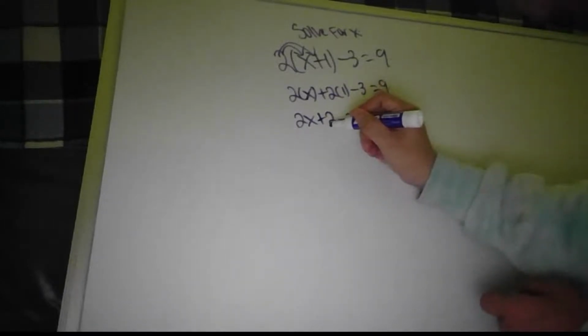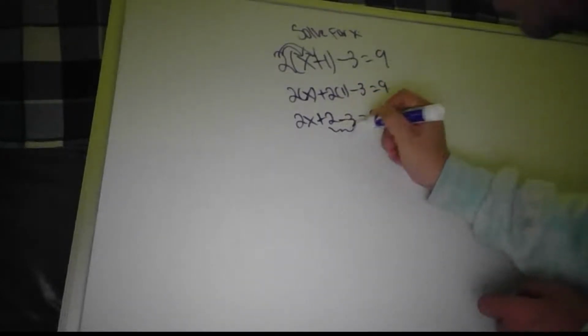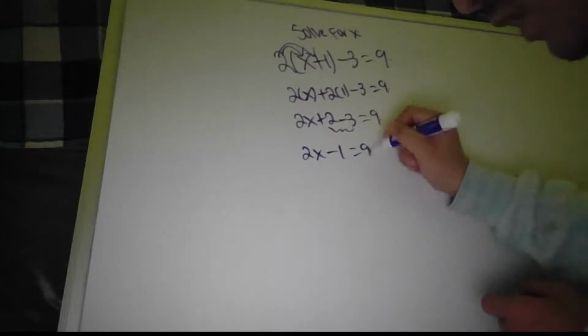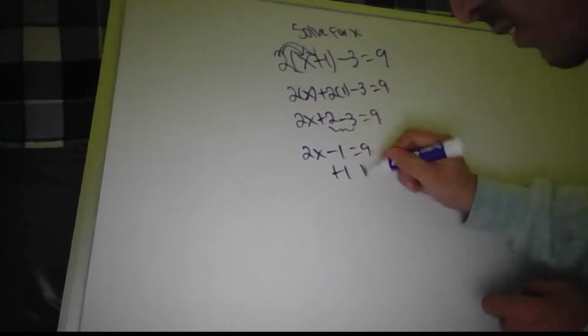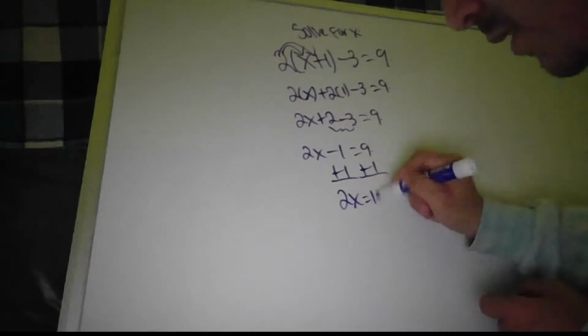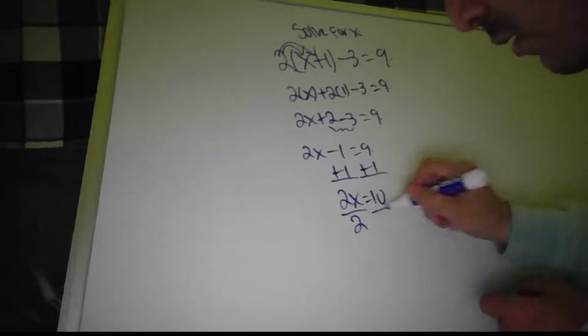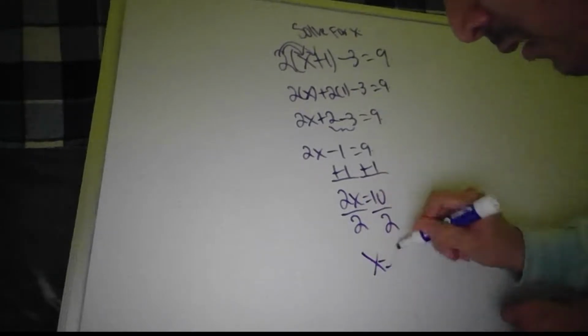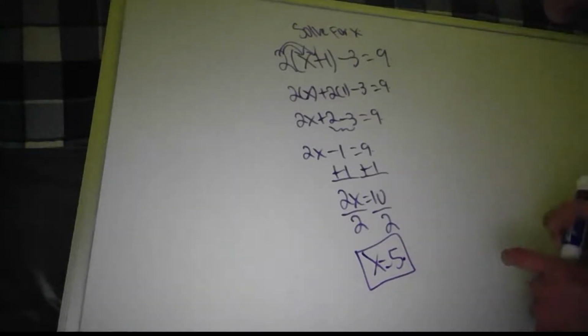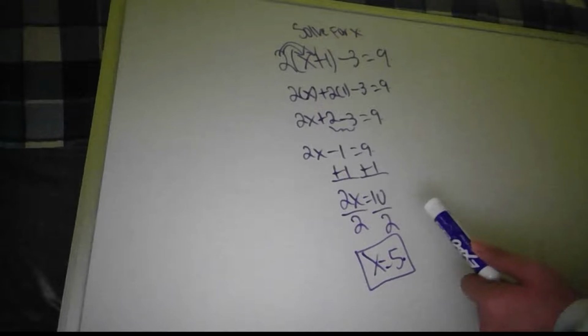We're going to combine our like terms. 2x minus 1 equals 9. Add 1 to both sides. 2x equals 10. Divide by 2 on both sides. X equals 5. Okay. And I didn't even know it was going to be a whole number.